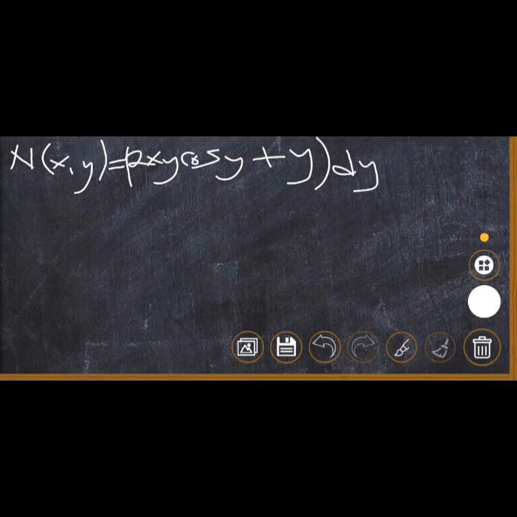So in this case, we have to differentiate n with respect to x. So only the part that has x is what we will differentiate. So when we differentiate 2x here, what are we going to have?